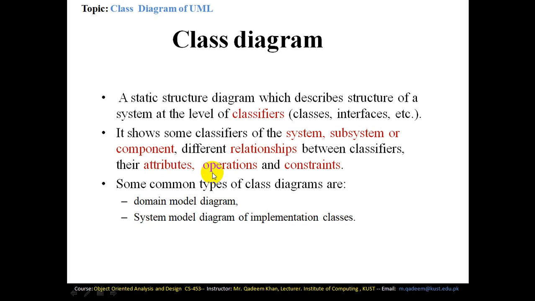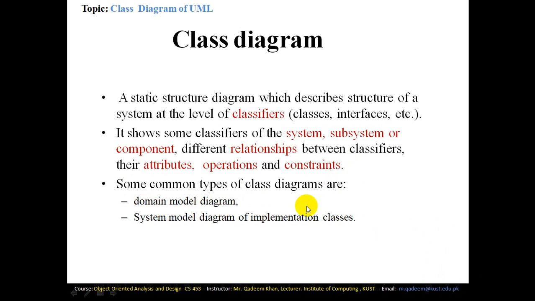Operation means the functions or methods which process the data. And also we have certain constraints. Constraints here mean certain logical conditions that we want to apply on the classes, that this class can be called so many times in particular manners, or it can have a particular relation with another class. For example, one-to-one relation, one-to-many, or many-to-many relationships.